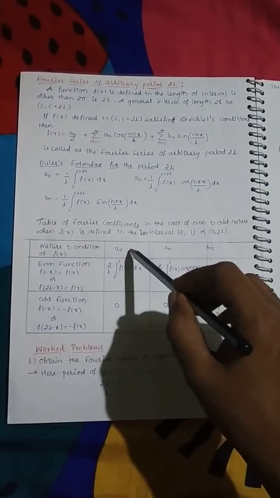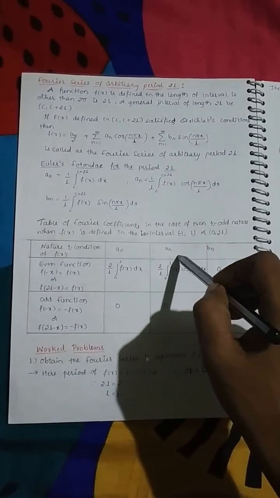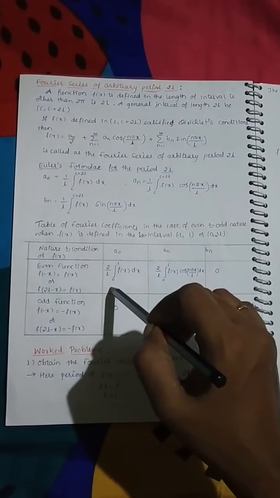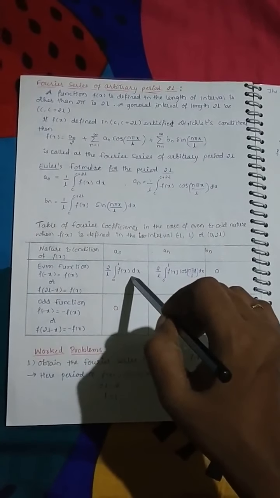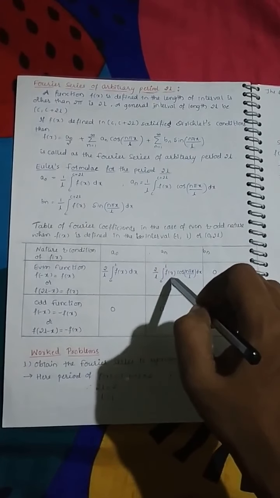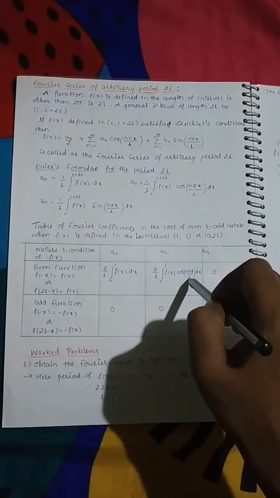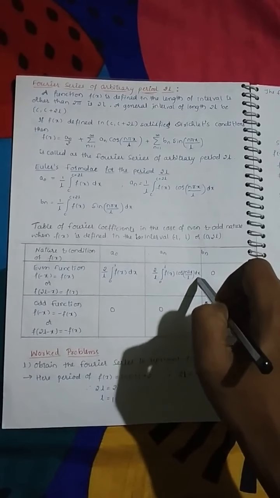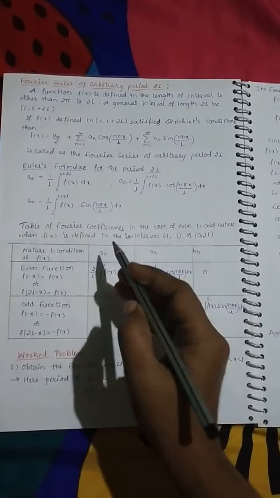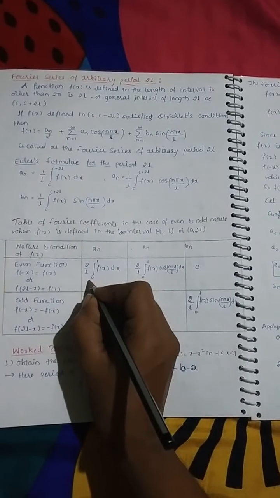We have the a0 and an coefficients, and the expressions are: a0 equals 2 by L integration 0 to L f of x dx, and an equals 2 by L integration 0 to L f of x cos n pi x upon L dx.